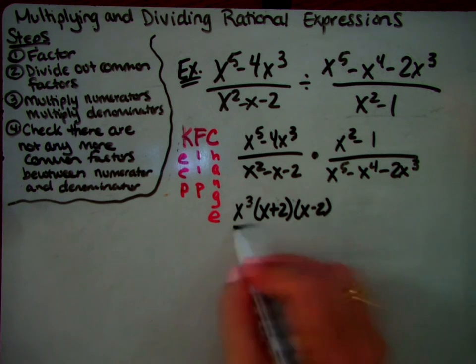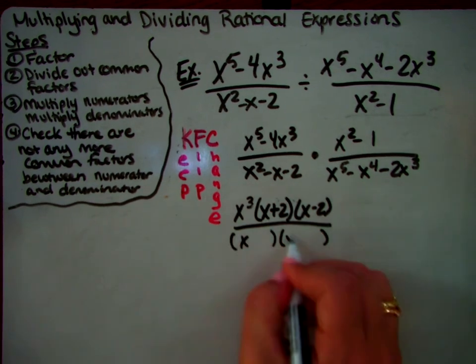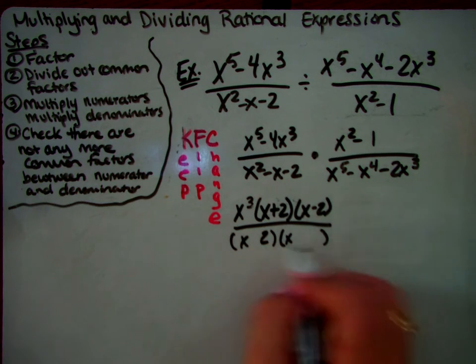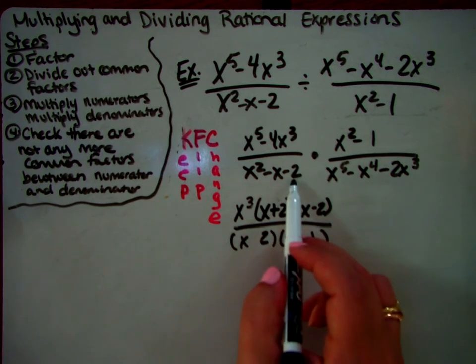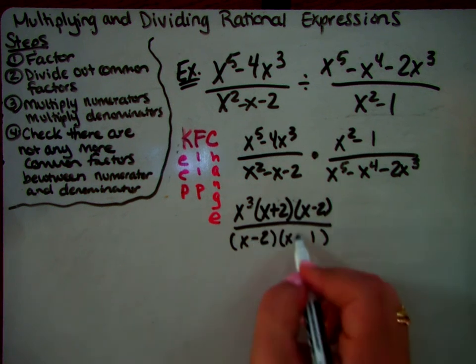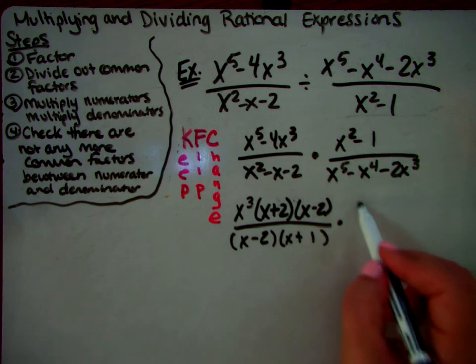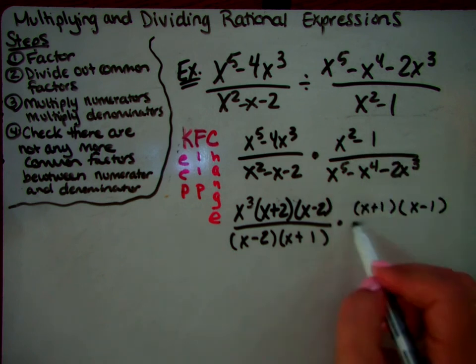Okay, so that is fully factored. Now I'm going to go down here. It's a trinomial. x². Factors of 2 that add to get 1 are 2 and 1. When they multiply to get a negative, I need 1 negative, 1 positive. When they add, I need a negative 1. So the negative 2 goes there, positive 1 goes here. x² - 1, that's a difference of squares. So that's (x + 1)(x - 1).